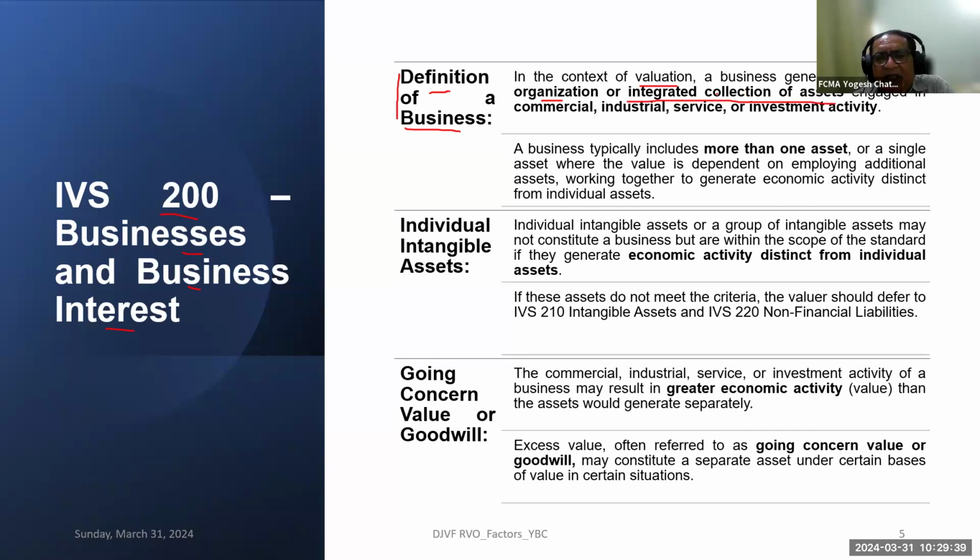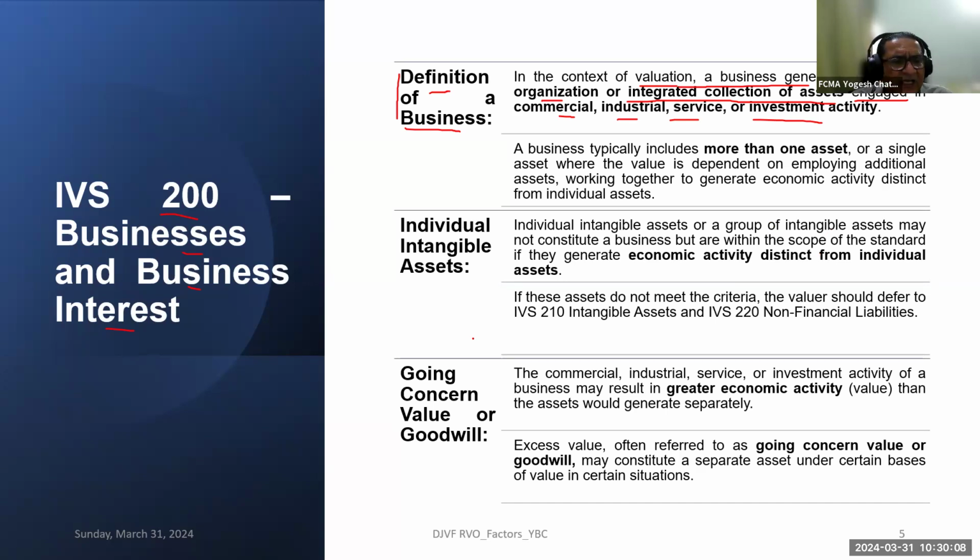In the beginning itself, we have seen that a group of assets and a group of liabilities is also part of it, and that is the precise definition of business. An integrated collection of assets engaged in commercial, industrial, service and investment activity. So there are four types of activity which can come within the definition of business.